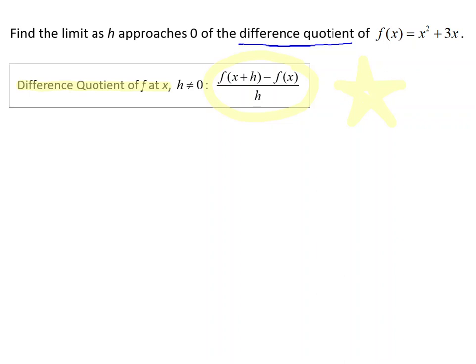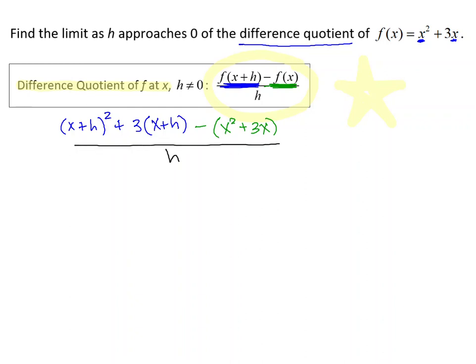Let's begin by writing our difference quotient for our function. So, plugging in x plus h into where x is looks like this. x plus h squared plus 3 times the quantity x plus h. That's this part of that difference quotient. Then I have minus f of x. So minus the function x squared plus 3x, and then that is all divided by h.